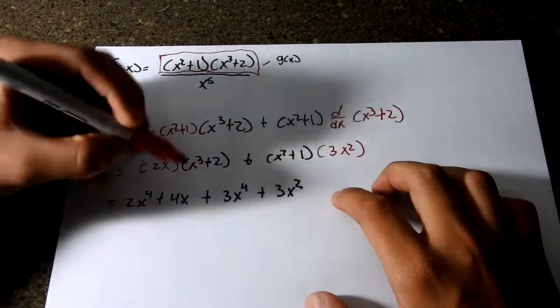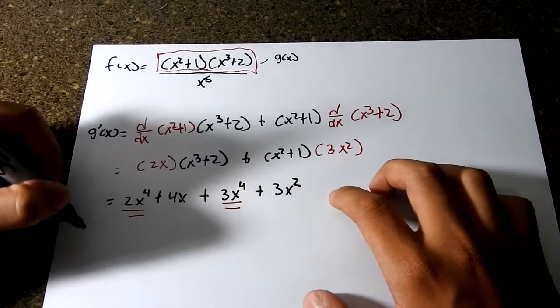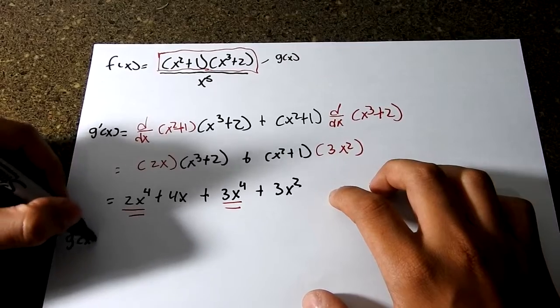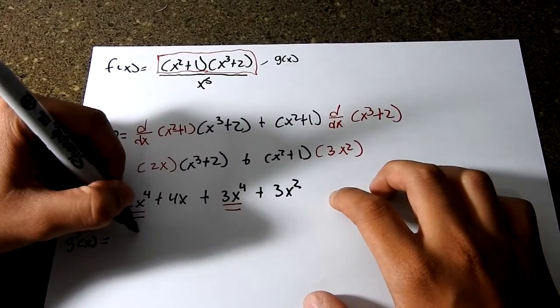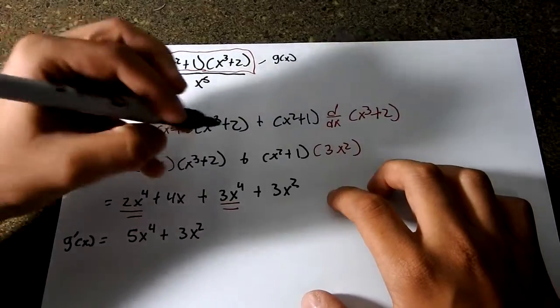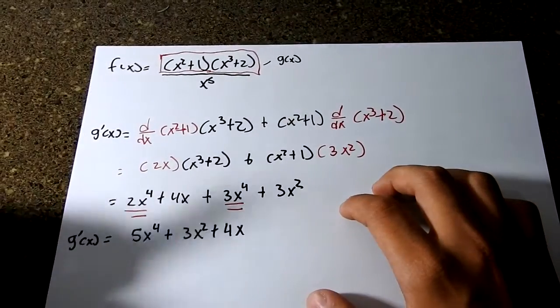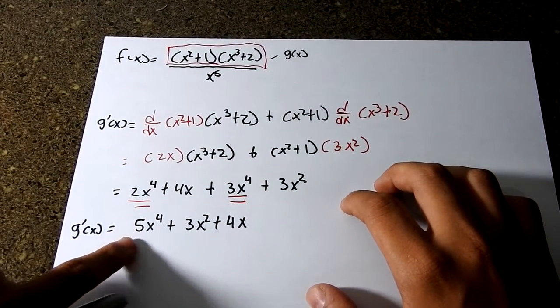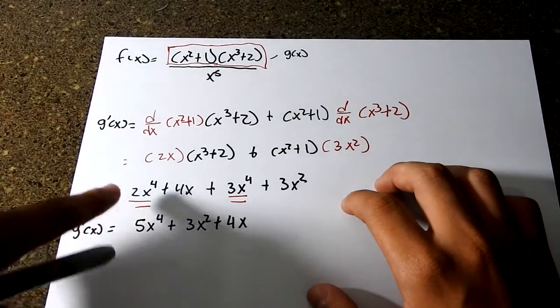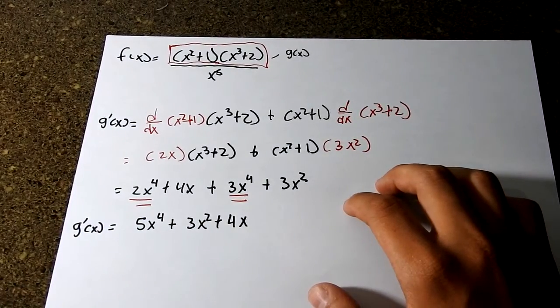So now we have like terms over here and over here. Then g prime of x is going to be 5x to the 4th plus 3x squared plus 4x. I ordered them by their degree, 4 to 1, from greatest to least degree.